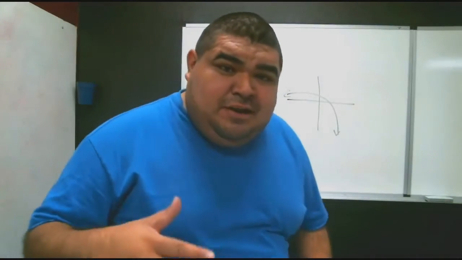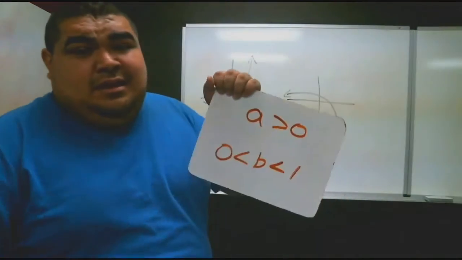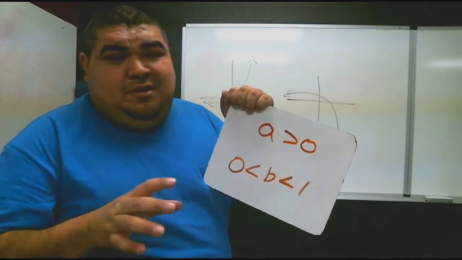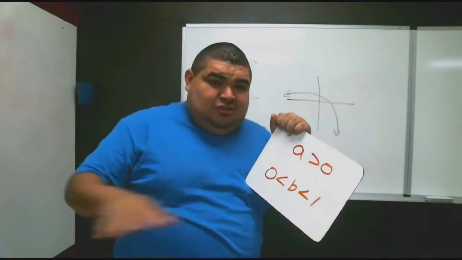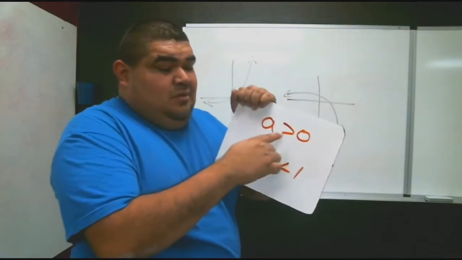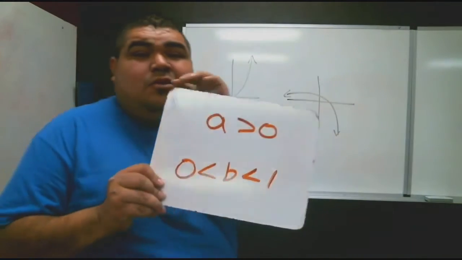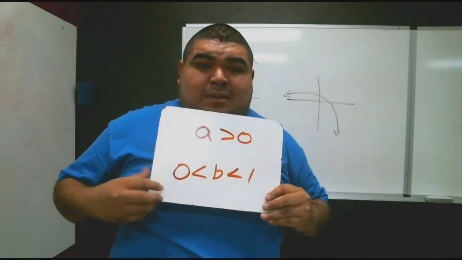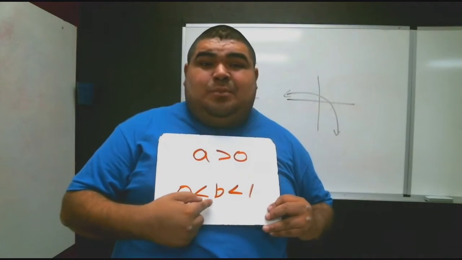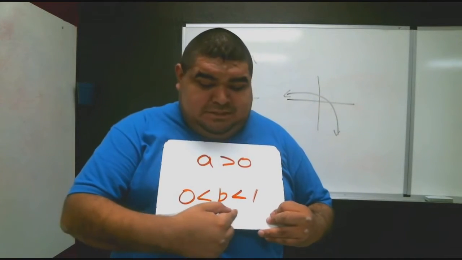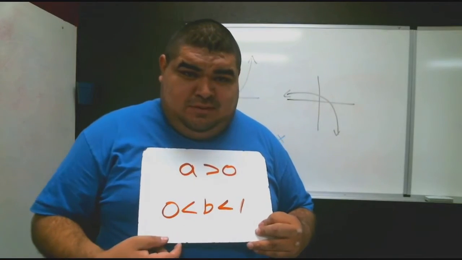But in order to find out if your equation is a decay equation, A still has to be bigger than 0, because remember, if it's negative, it's just a straight line. It's not a function, really. It might look a little confusing, but B has to be bigger than 0 but smaller than 1.